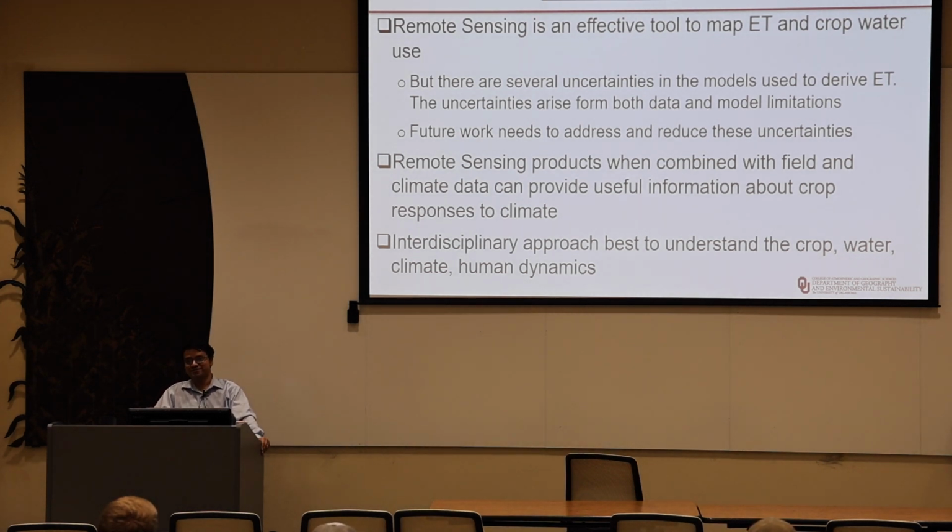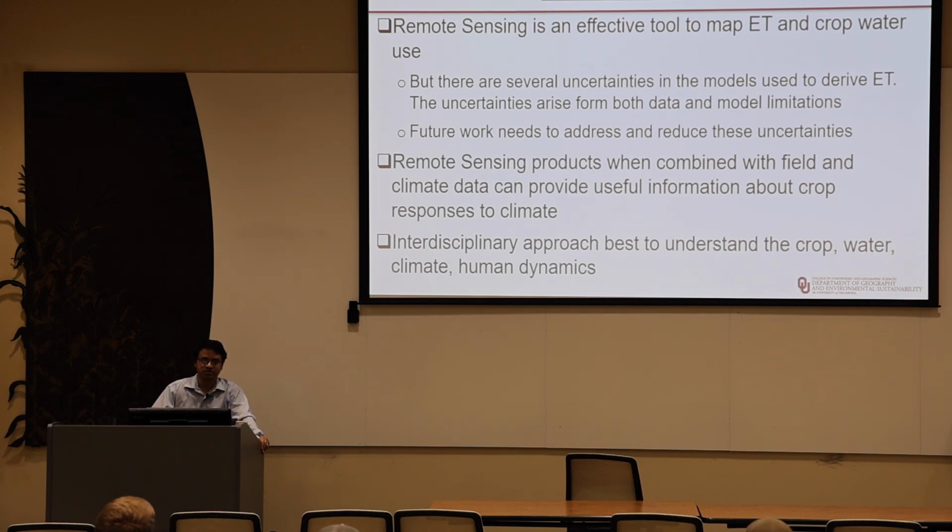Because when you work on this over time, you see what uncertainties are in those models and the approaches that you use, and also in data as well, right? So there are always going to be challenges. The best thing is to work with the challenges and try to derive products that are more usable, more actionable, right?